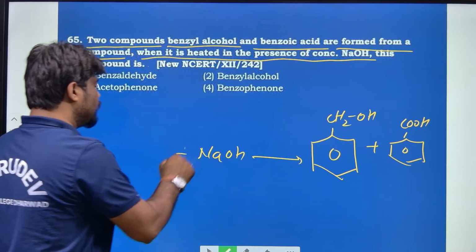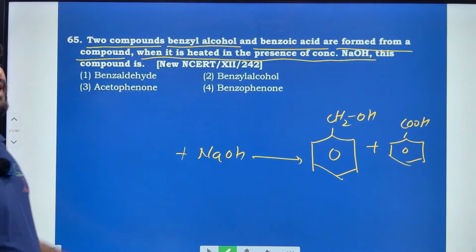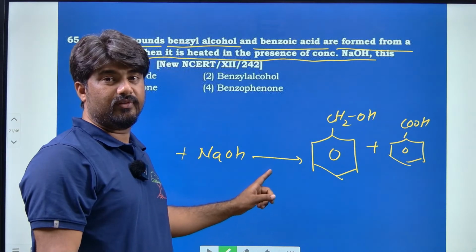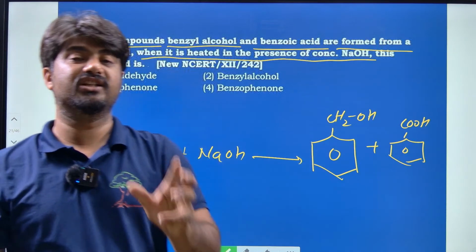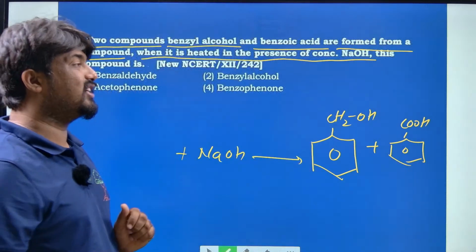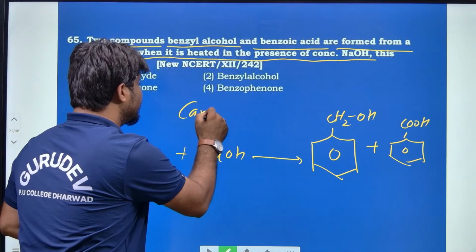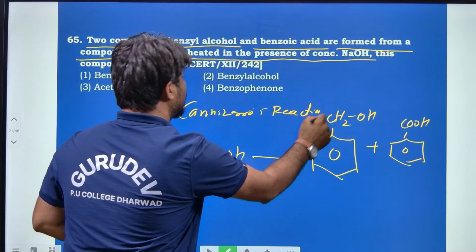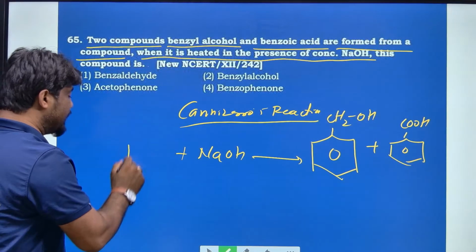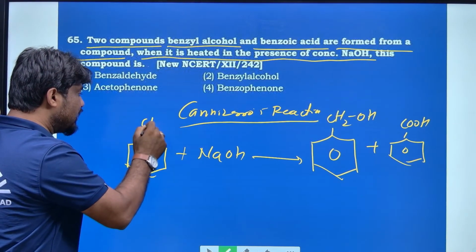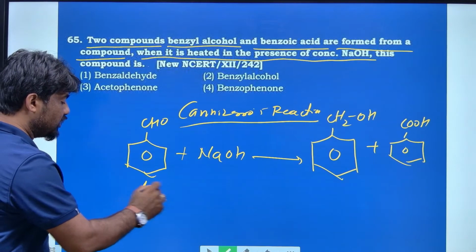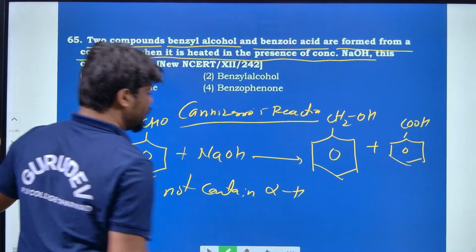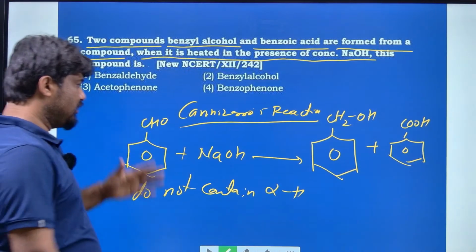Then what is the compound? The compound which does not contain alpha hydrogen, when reacting with NaOH, gives these two products. That name of the reaction is the Cannizzaro reaction. Then what is the Cannizzaro reaction? Benzaldehyde is a molecule which does not contain alpha hydrogen.